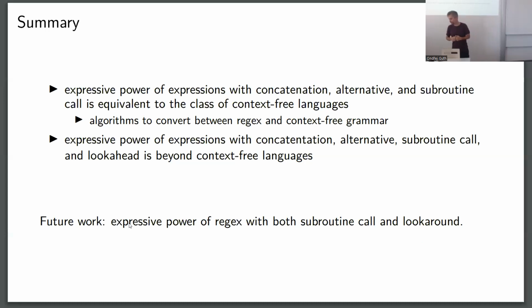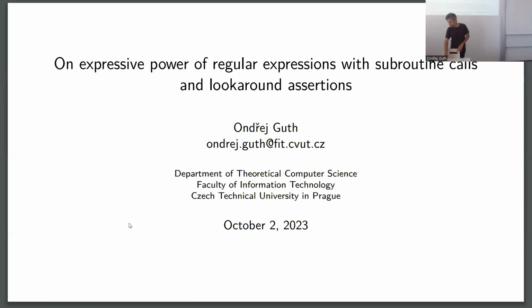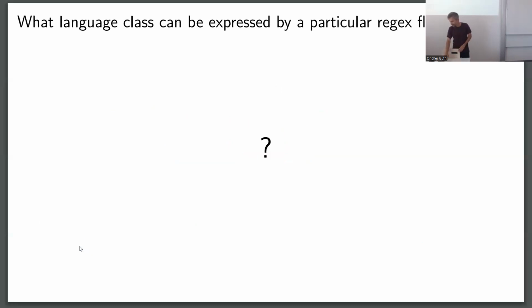The flavor I am referring to is this Perl compatible regular expressions, or also Perl expressions, which are really similar, because they seem to be very rich in features. So there is definitely space for research.